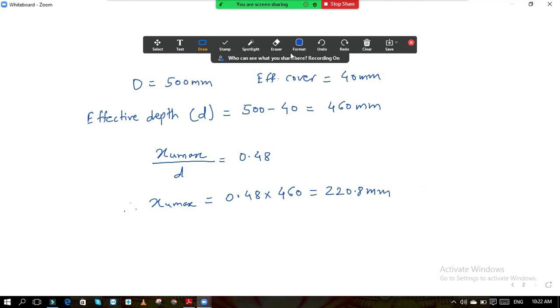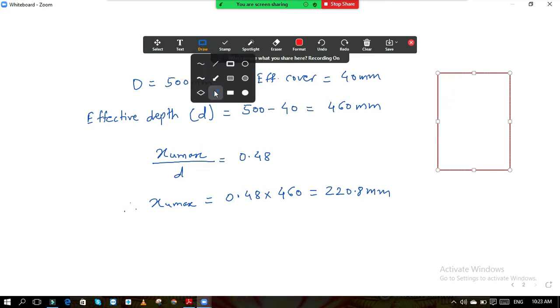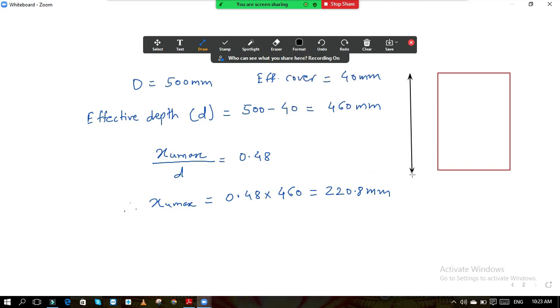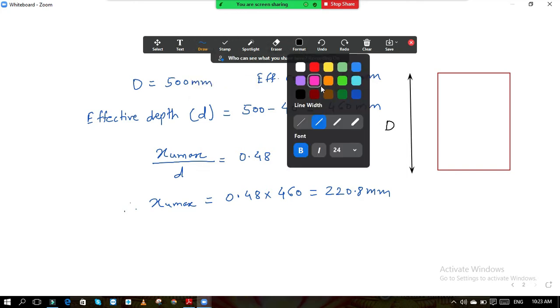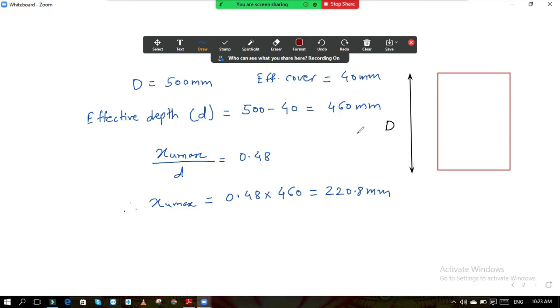See here. Suppose this is your beam section, this is your cross section. Now in this cross section, this is your overall depth, capital D. Now the reinforcement is provided here. One bar, this is second, and this is third on the tension side.